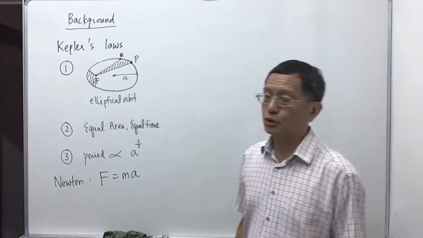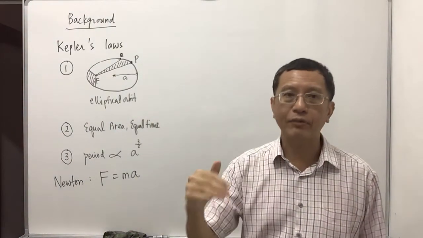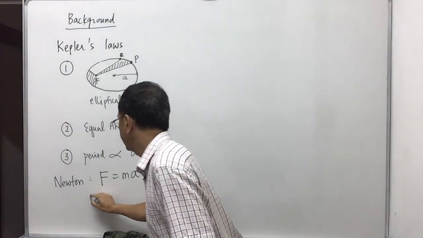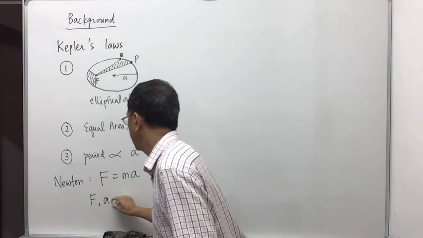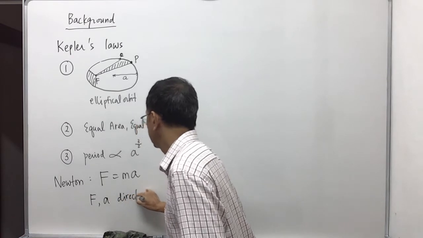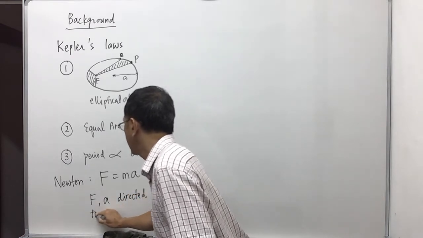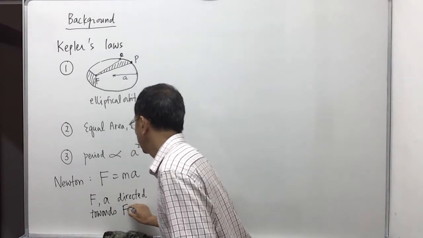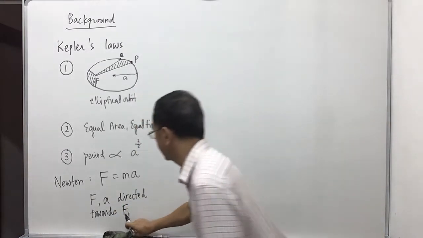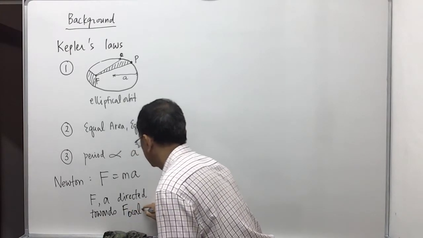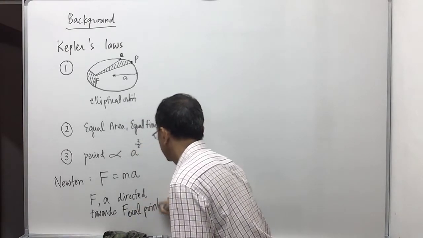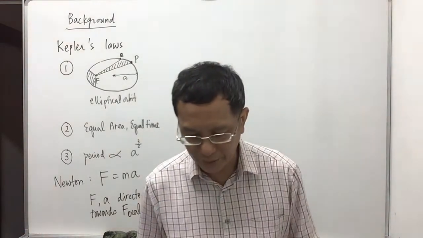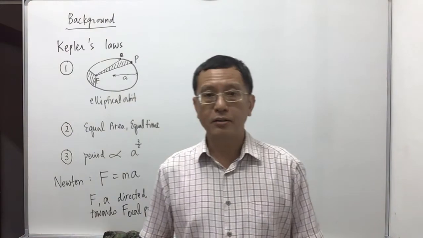He came to a conclusion that this force will be directed towards the sun. So we know that F and therefore a are directed towards the focal point where the sun is. Okay, all this we can see in many of the textbooks.